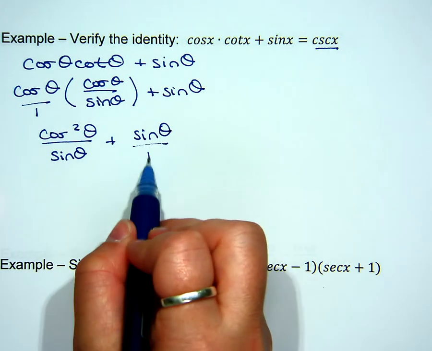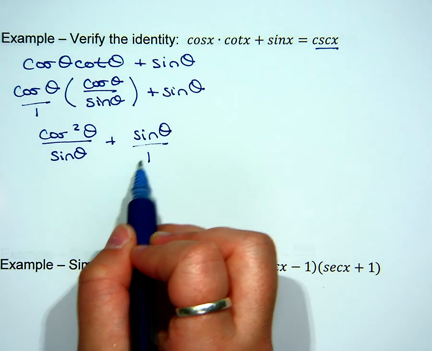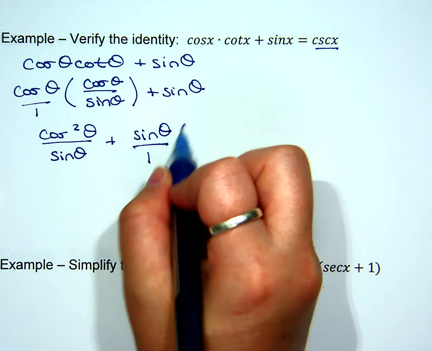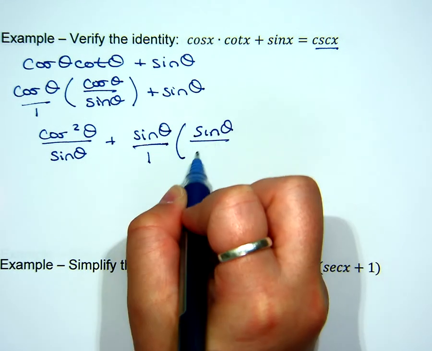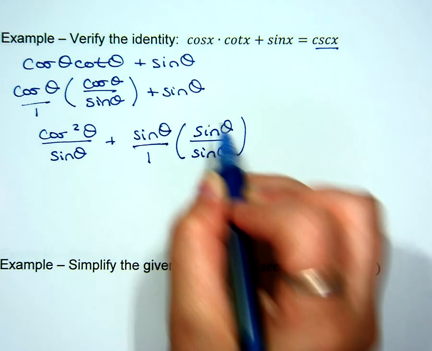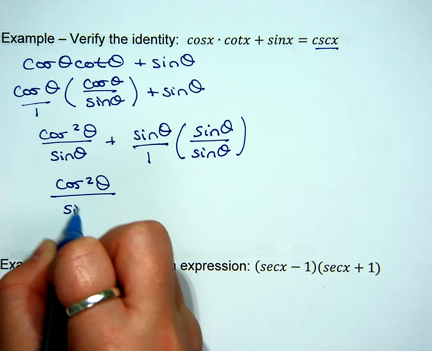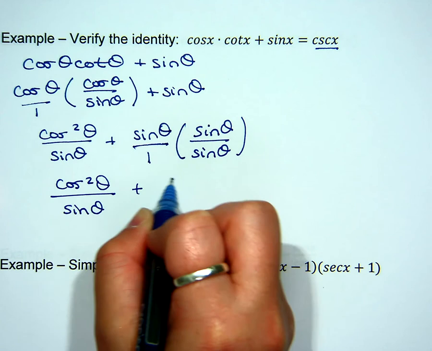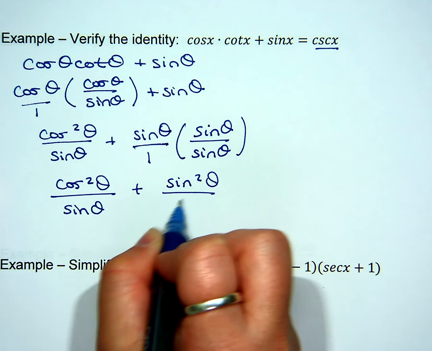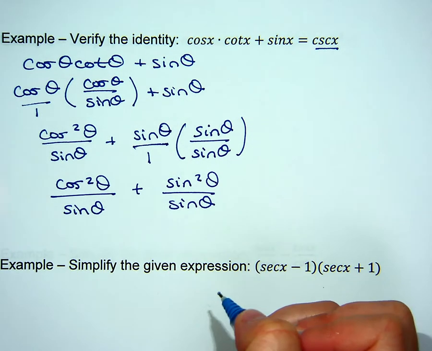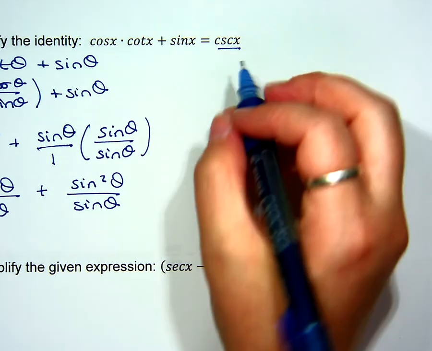You need a common denominator to add these. The common denominator between 1 and sine is sine. So you have to multiply top and bottom by that. Well, now I have a common denominator, so I'm going to put them over one large fraction.